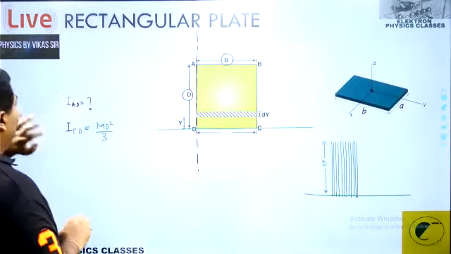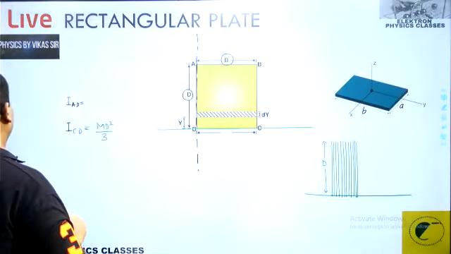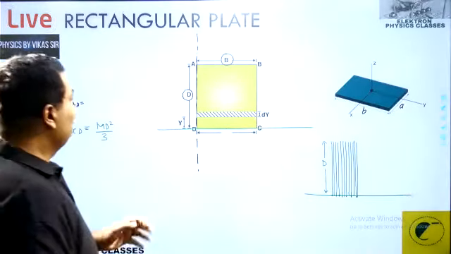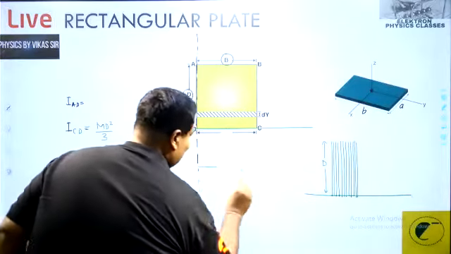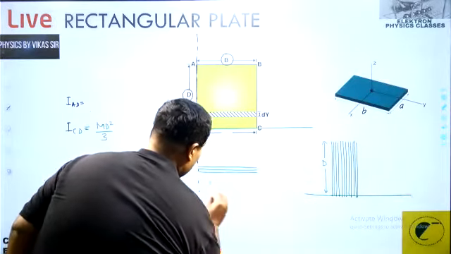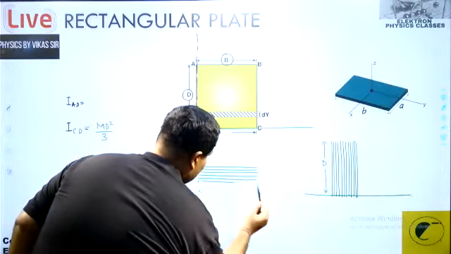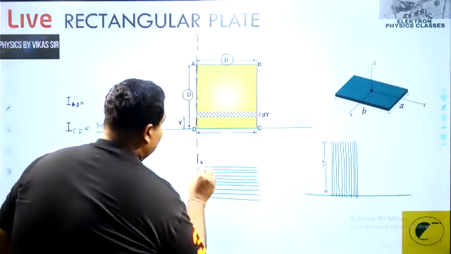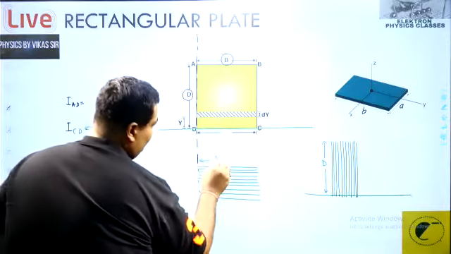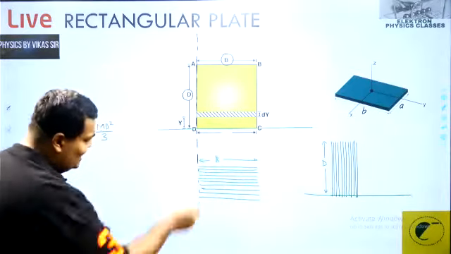And that is enough for us to think about what the moment of inertia about AD will be. If it is AD, I'll be selecting the rods like this, many of them, and all of them are of length b, along this axis.